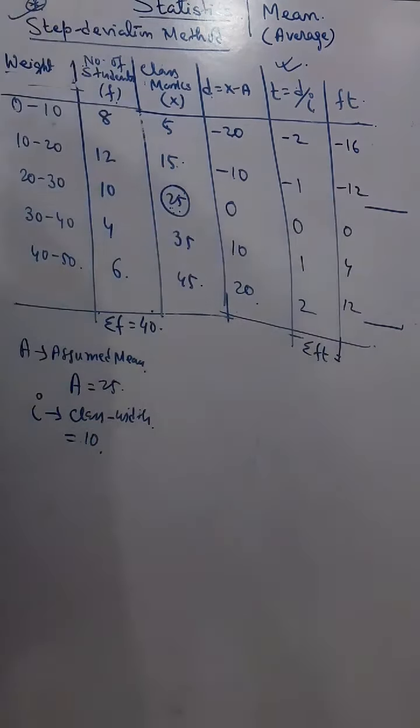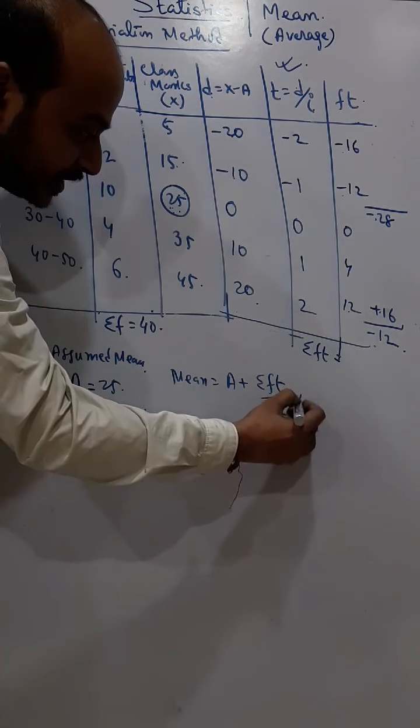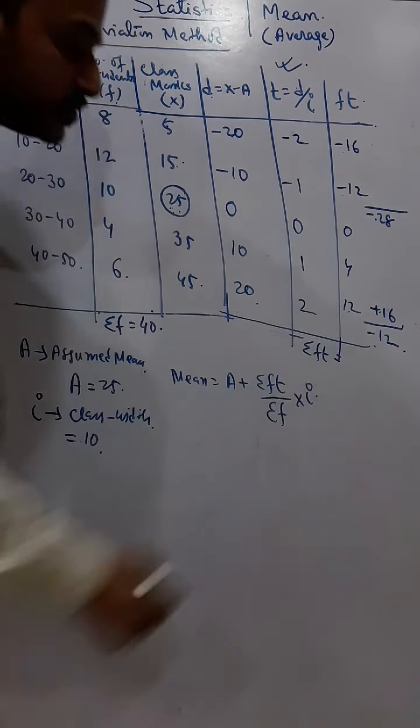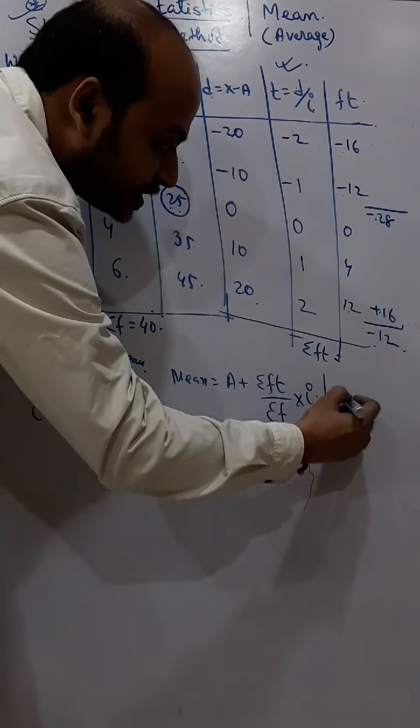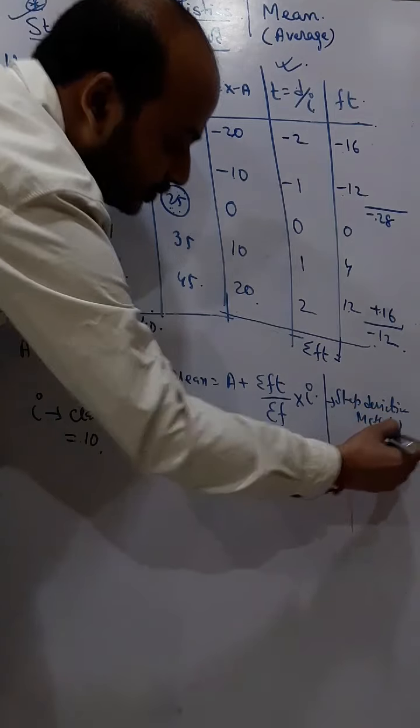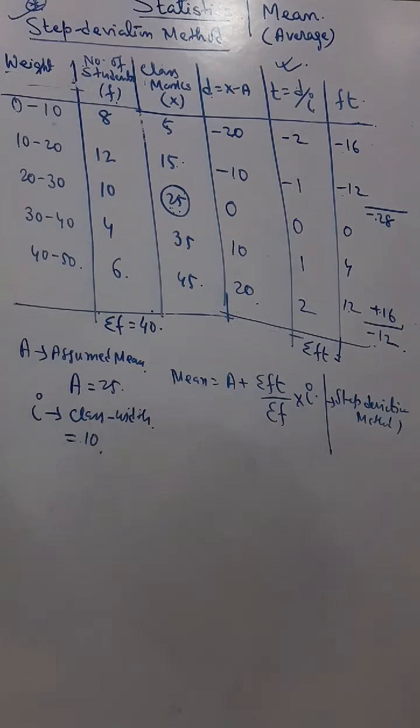And now the formula for mean. So mean is equal to a plus sigma ft by sigma f into i. Understand? So this is the formula for the step deviation method: a plus sigma ft by sigma f into i.